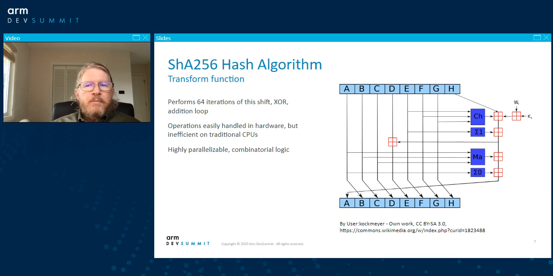So we have a lot of operations, these addition operations, the shifting operations, the exclusive OR operations, that can all take place in parallel. If we're running it on a traditional CPU, it's going to be a sequential process, which will be fairly slow. Moving it into a hardware block means we can take advantage of the inherent parallelism of hardware. And this gives us a significant speed up by running this in a coprocessor as opposed to traditional software.